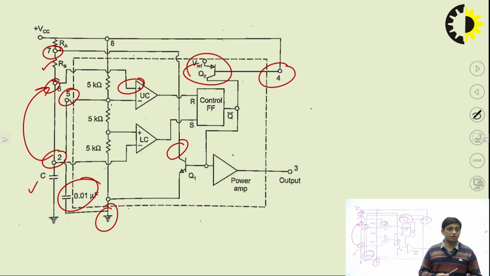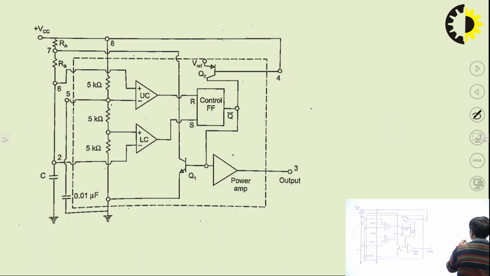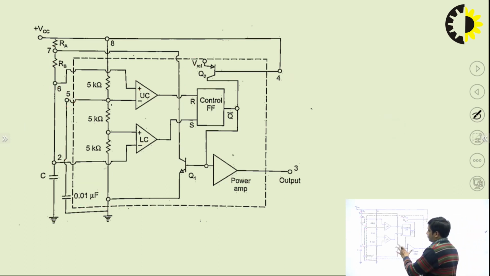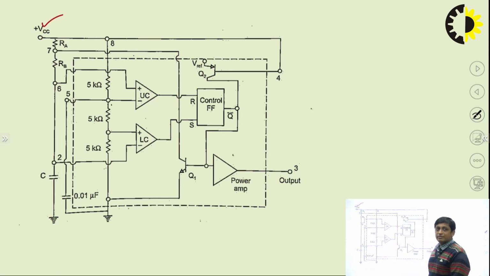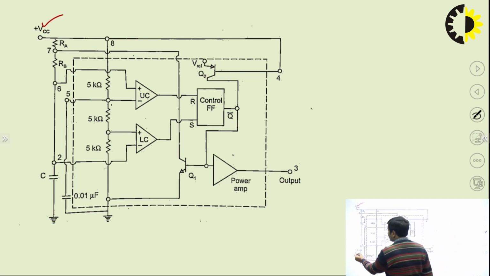That pulse contains logic 0 state and logic 1 state. Fine. To understand it, see, when we apply a supply voltage VCC, that VCC can be from plus 5 volt to plus 18 volt. Then this capacitor will start charging through this resistor RA and RB.